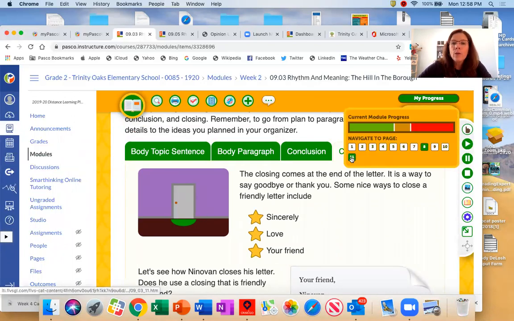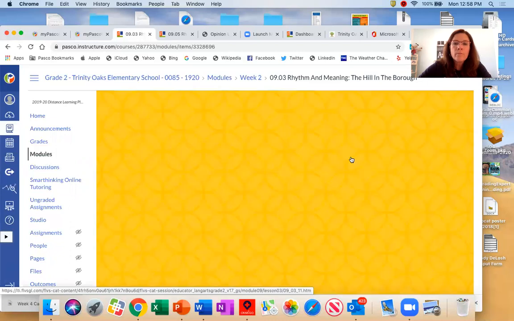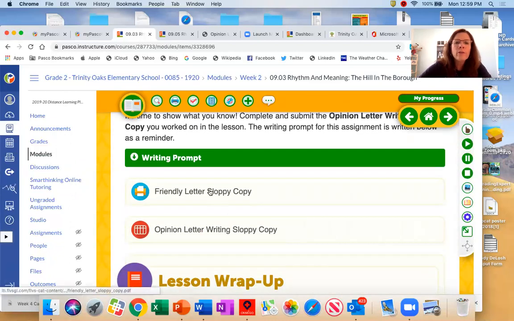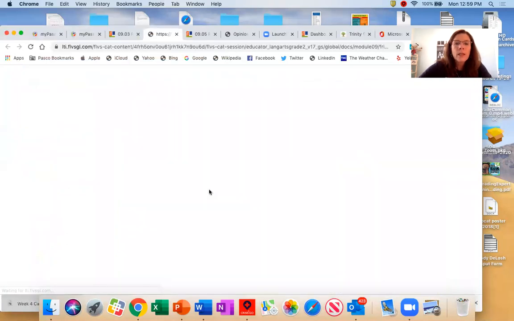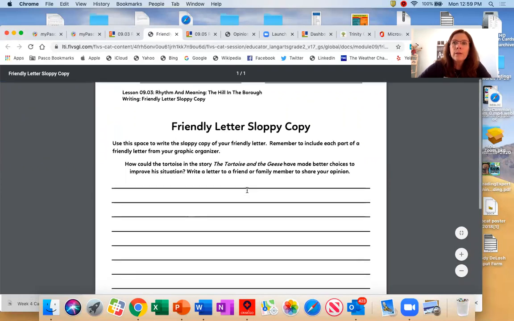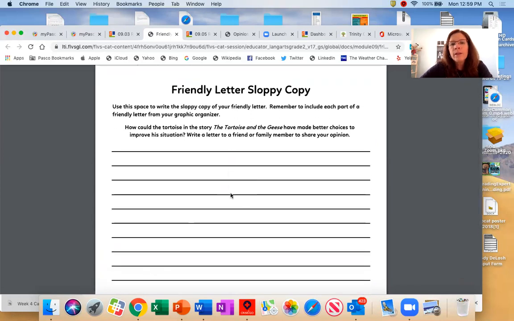Now, last week you had to turn in to me, because I'm grading everybody's papers on this, your friendly letter sloppy copy. And so on the sloppy copy, this is what you were to have turned in to me last week. And notice, I had a person do something that was only 4 lines long, and I did not accept it because you were supposed to do multiple paragraphs.